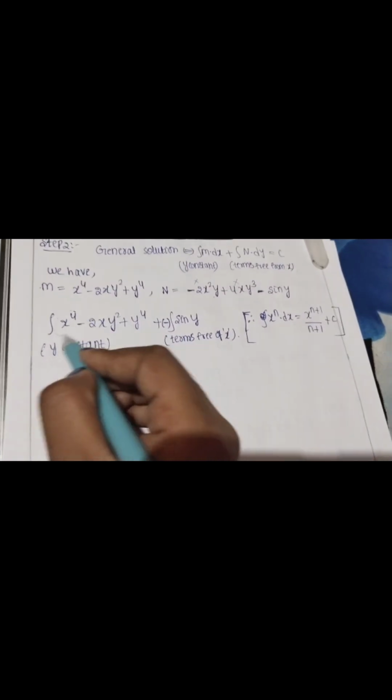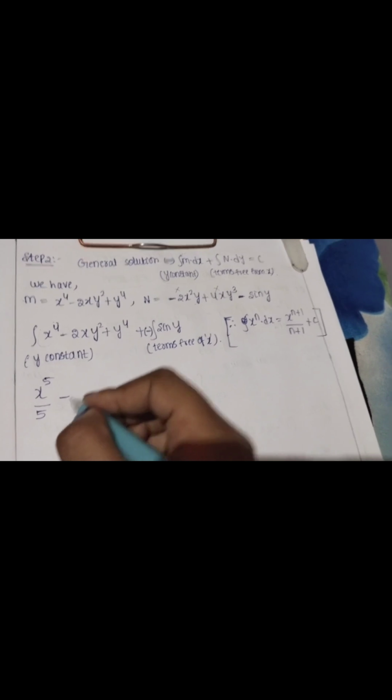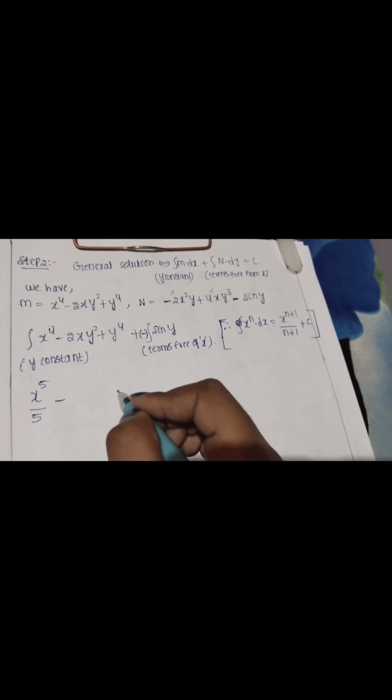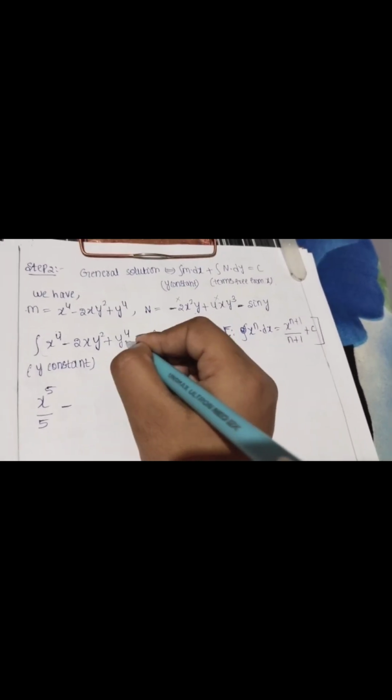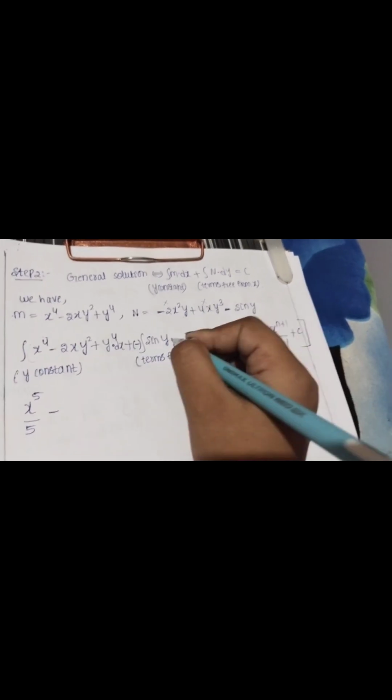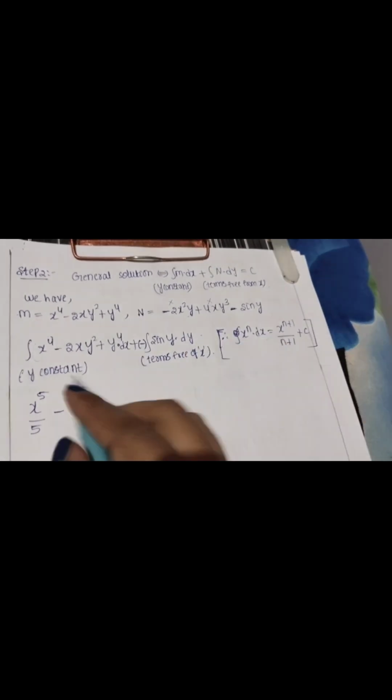So integrating this, we get x⁵ divided by 5, minus 2 into y², as this one is with respect to dx and this one is with respect to dy.